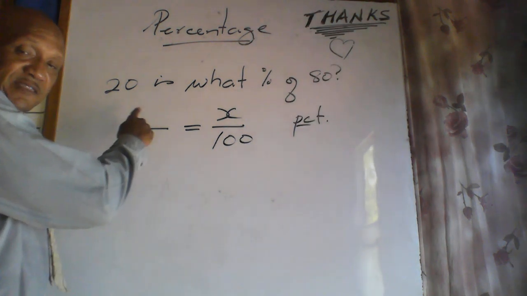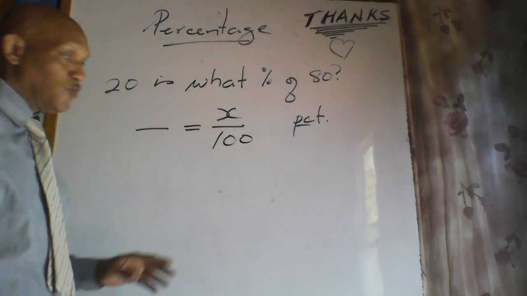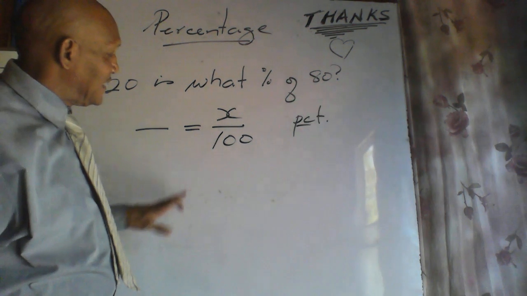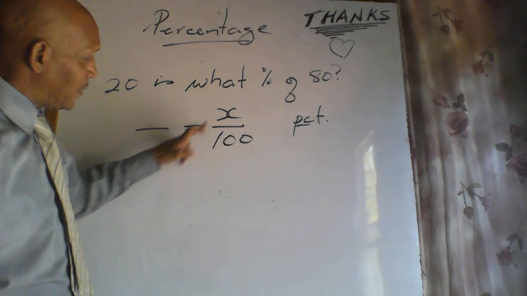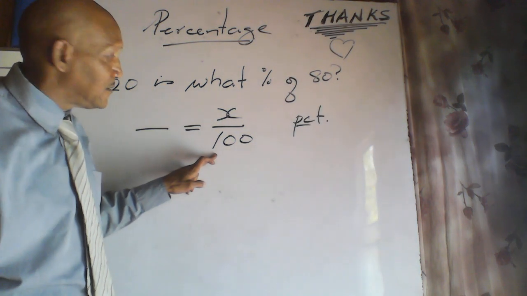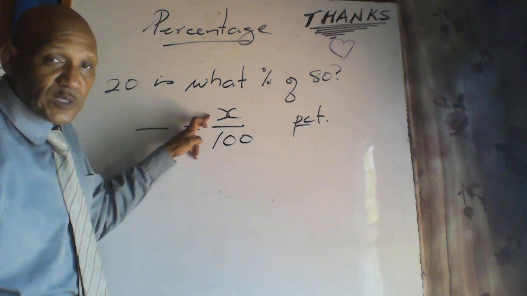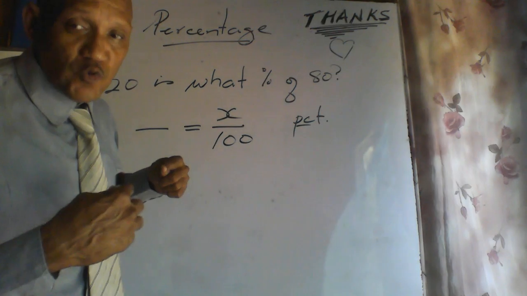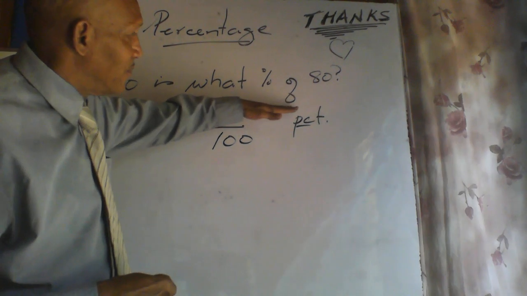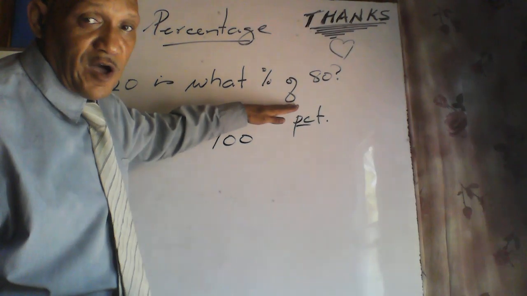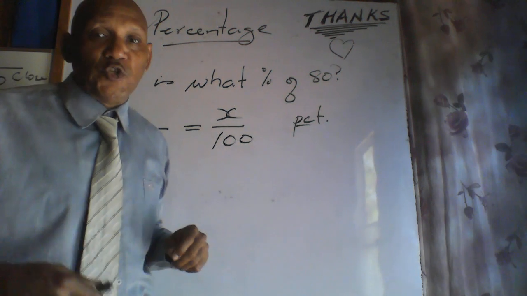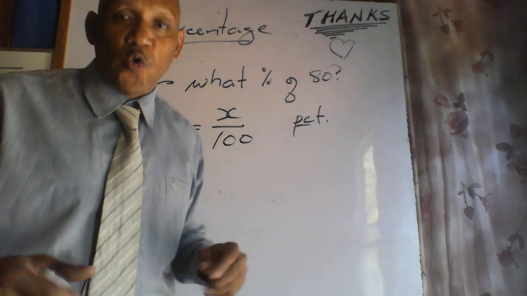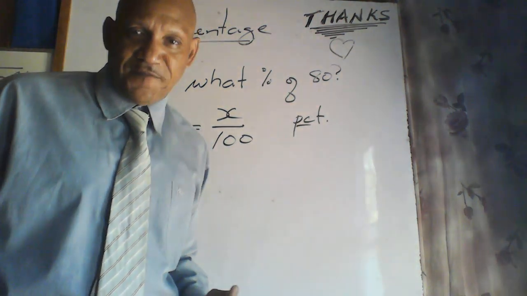Let me finish setting this one up first that I had on the board. So it's part over the whole equal to percent over 100. We don't know what the percent is, so I call it x. My rule is any number that comes after of is usually the whole, 95% of the time.